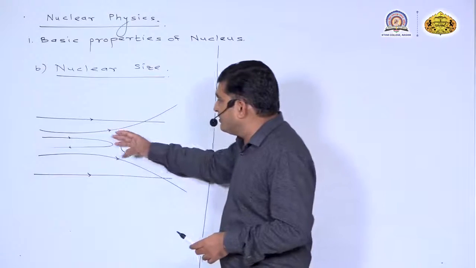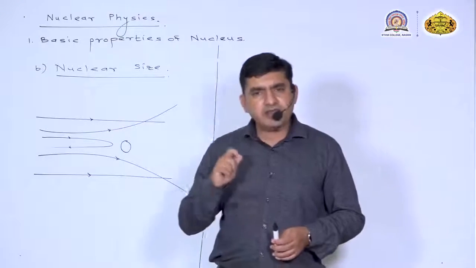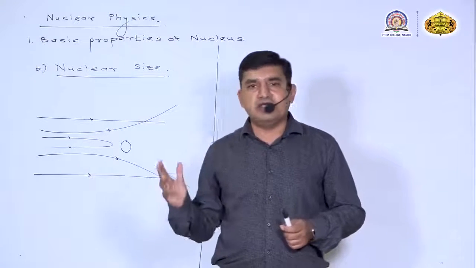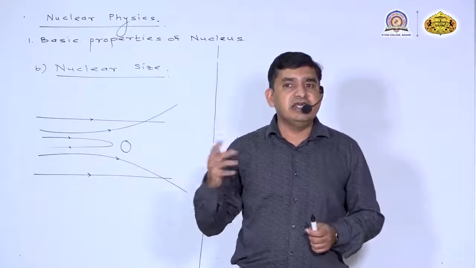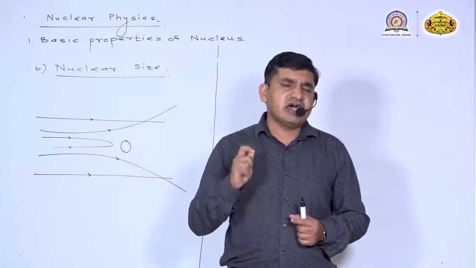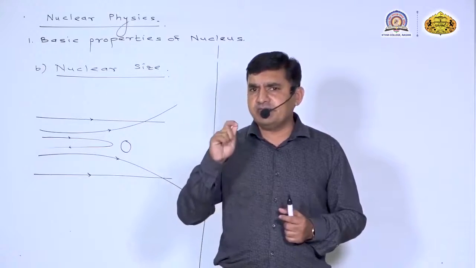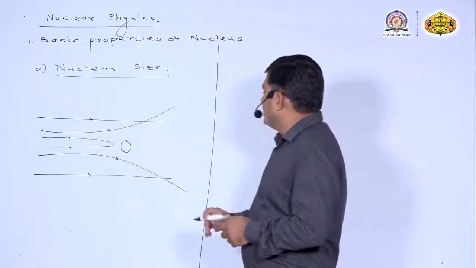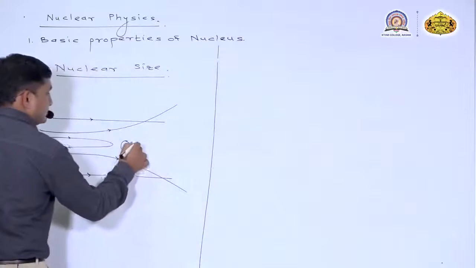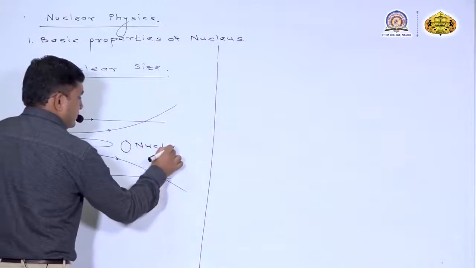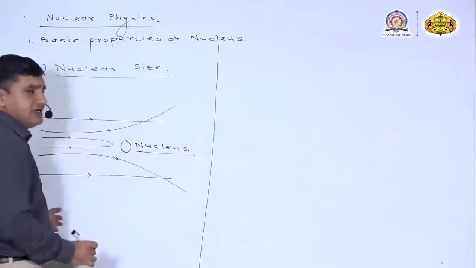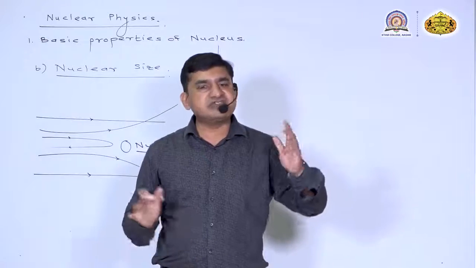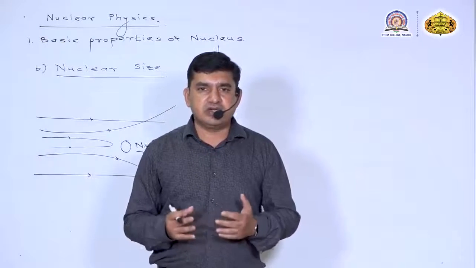So there is a Coulomb repulsion, because we know that the alpha particle is also known as a helium nucleus, and the charge on the alpha particle is positive, okay, and the charge on a nucleus is also positive, because the nucleus consists of positively charged protons and chargeless neutrons, okay.